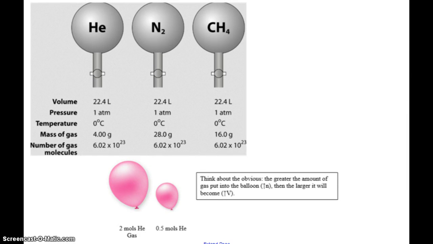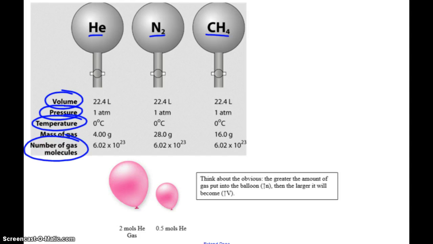Here's another important one. Here I have helium and nitrogen and methane. Same volumes, same pressures, same temperature, same number of gas molecules. This was courtesy of Mr. Avogadro.